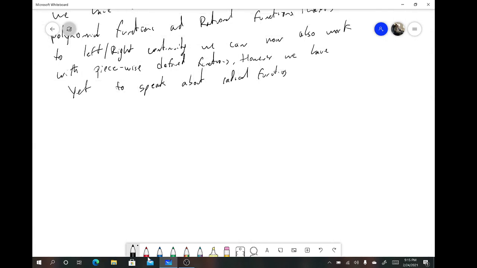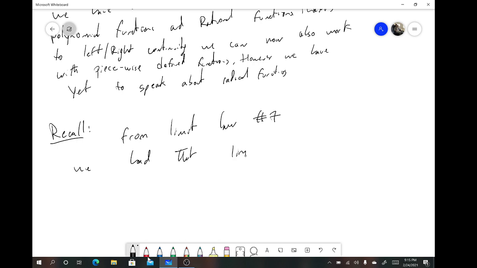Alright, so if you remember from the limit laws that I had written down in the previous lecture, I believe it was limit law number 7, the last one, we had that the limit as x goes to a of f of x to the power 1 over n is equal to the limit as x goes to a of f of x, raised to the power 1 over n.